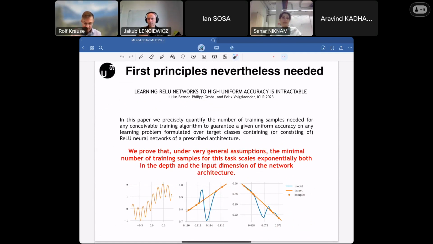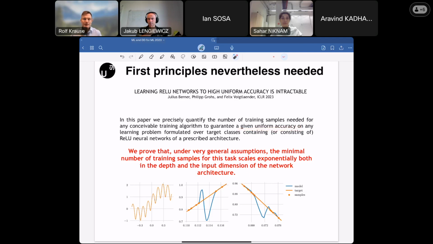There's a second problem, and this I just would like to put here because it's interesting in this discussion. You can ask the question, if you would like to train a network which provides on the unit cube an approximating function to your data with given uniform accuracy, yeah, so bounded error in infinity norm, how many samples do you need?